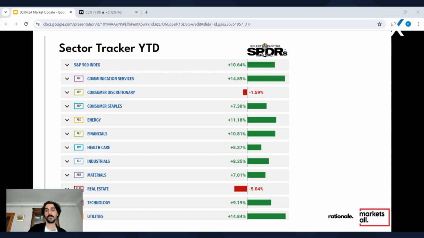Here in this slide, you see the SPDR sector tracker table, which shows the year-to-date performance of each sector. Here, I would like to highlight the technology and utilities sectors. The technology sector's strong performance is obvious, driven by AI. But what about the utilities?